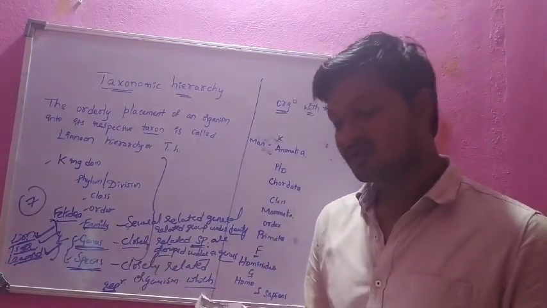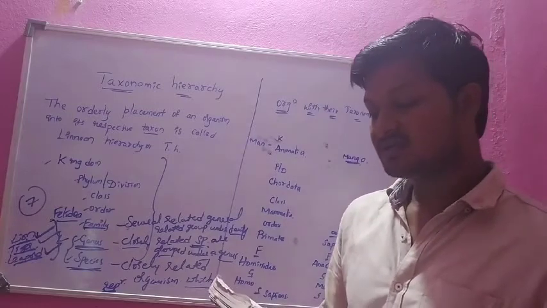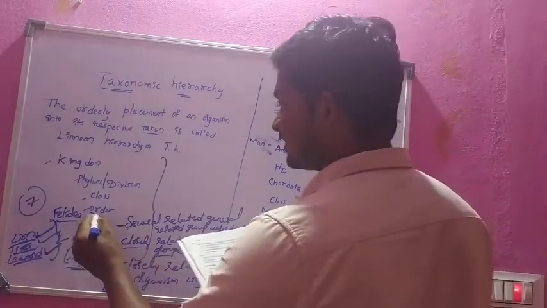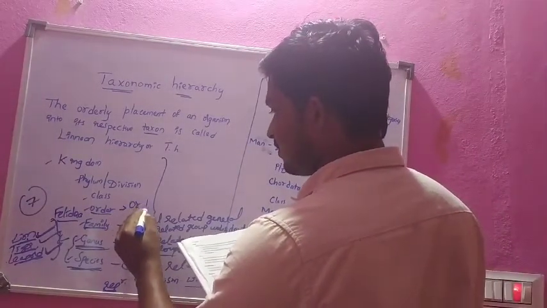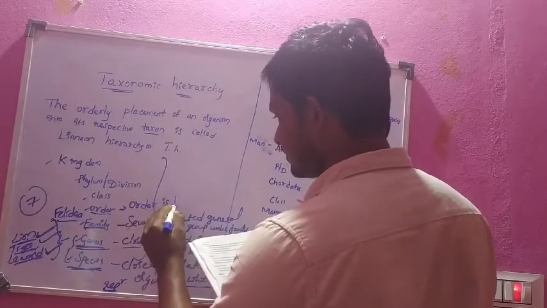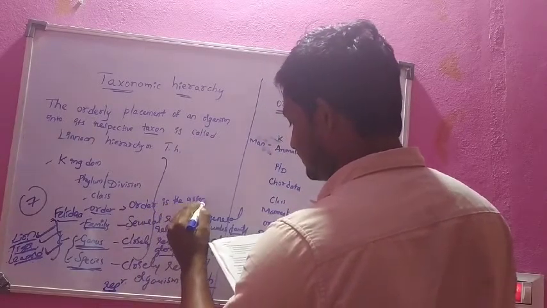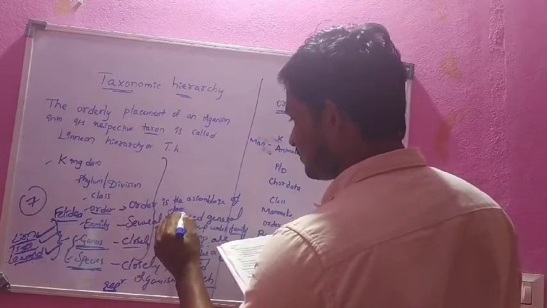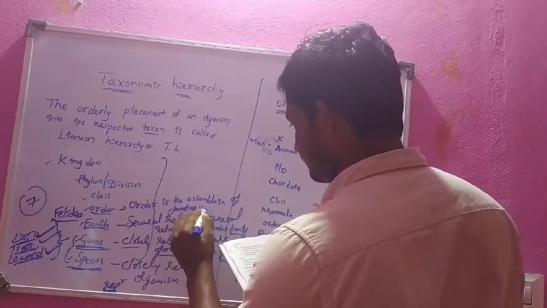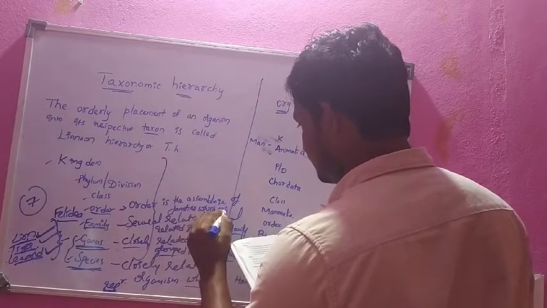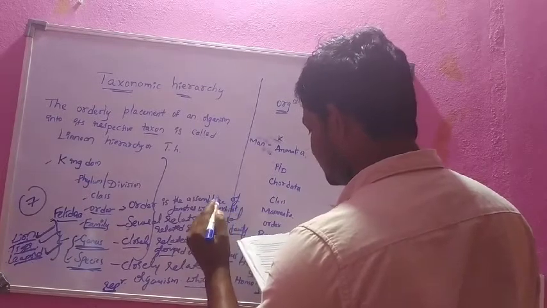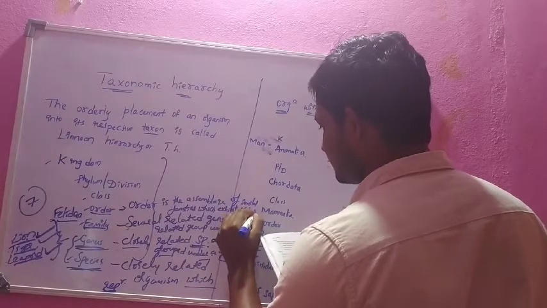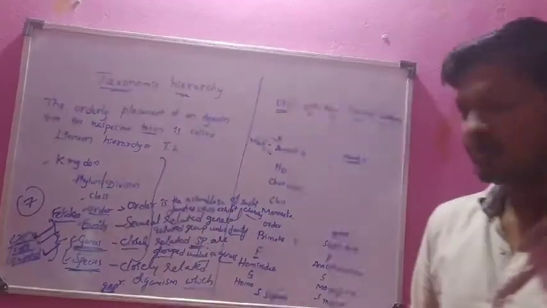Next is order. Order is the assemblage of families which exhibit similar characters. Just take down here. Okay, what is meant by order?